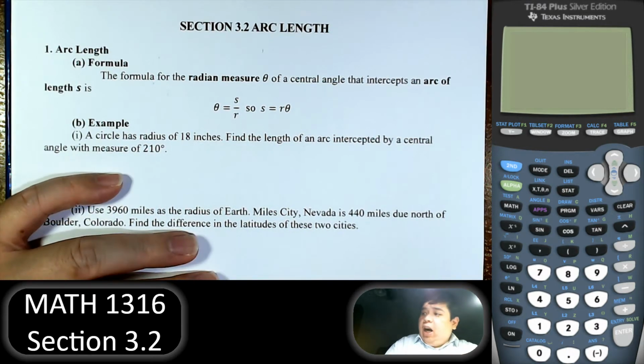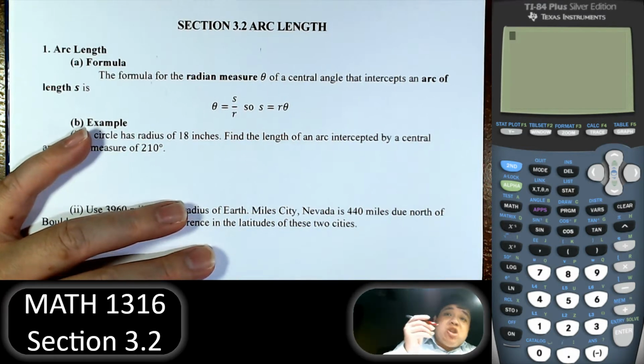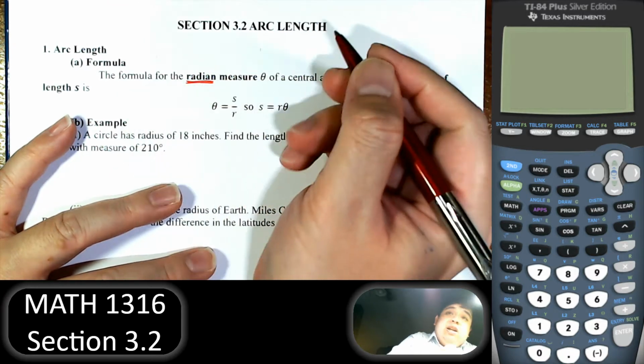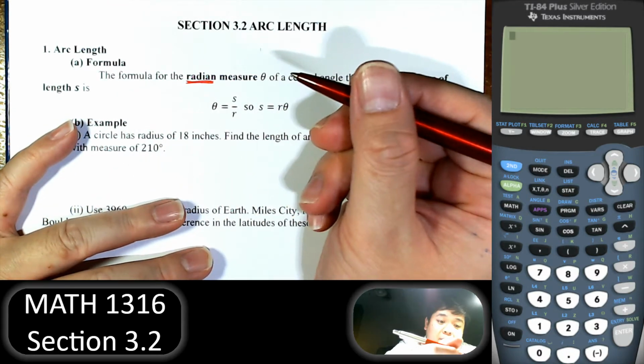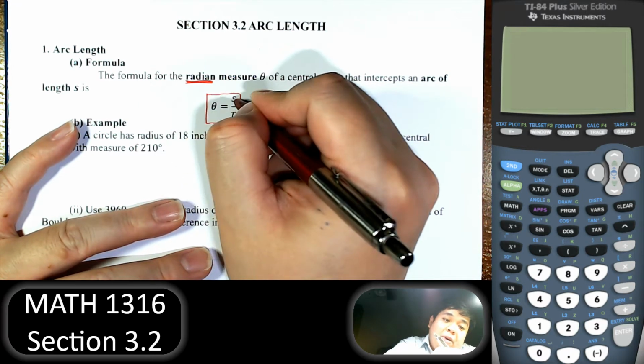In the previous section we defined the radian measure, so it's extremely important that the angle has to be in radian measure. In that case, that measure is equal to the length of an arc.